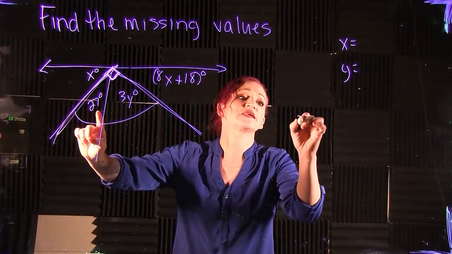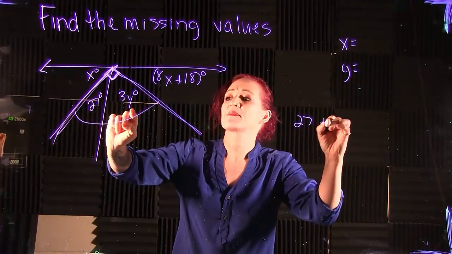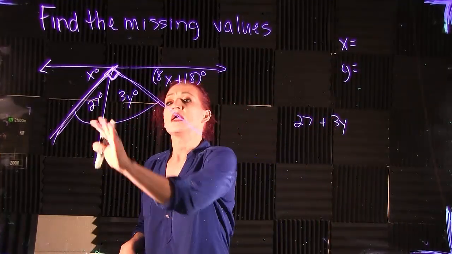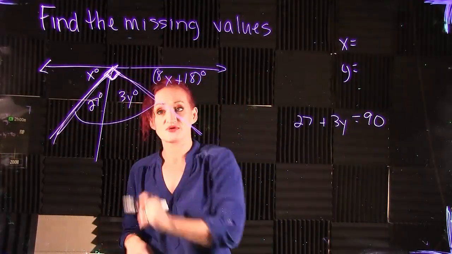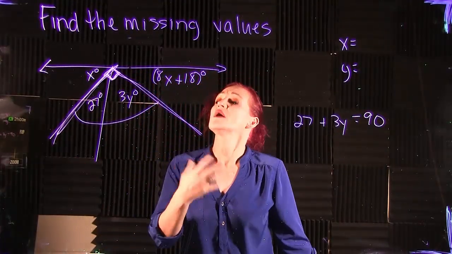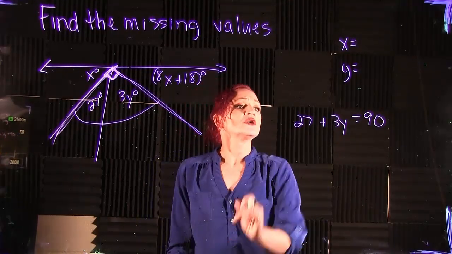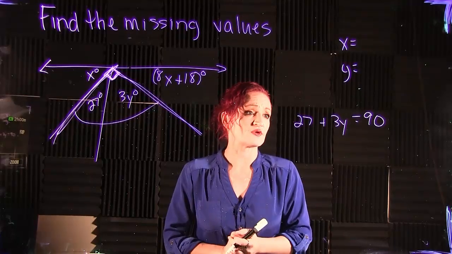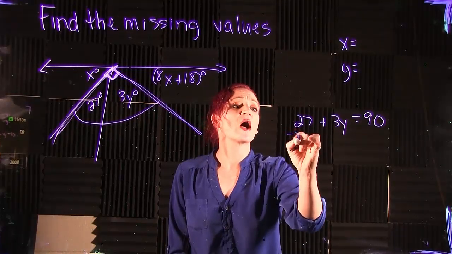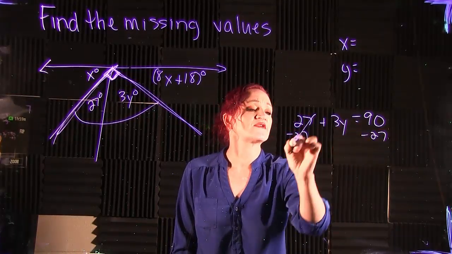I'm going to take the 27 here and add it to the 3y, and we should know that these add up to 90 degrees because of that notation right there. They make up a right angle, which is 90 degrees. So solve this for y. That's going to give us our first unknown variable. In order to solve this for y, subtract that 27 on both sides.